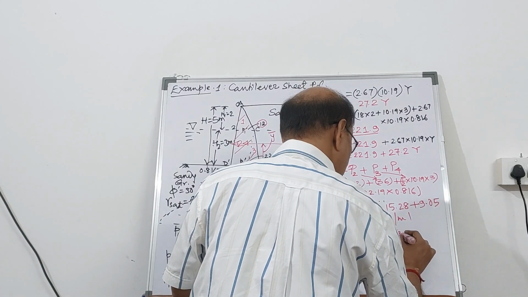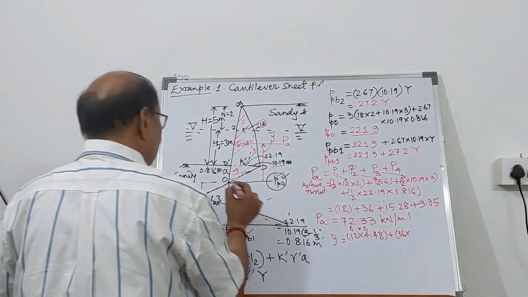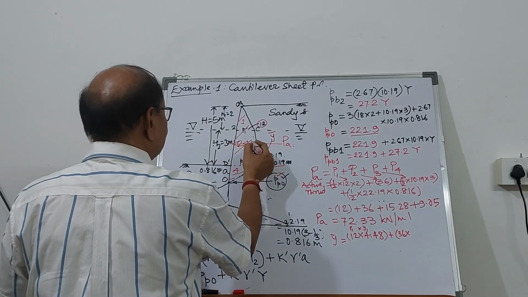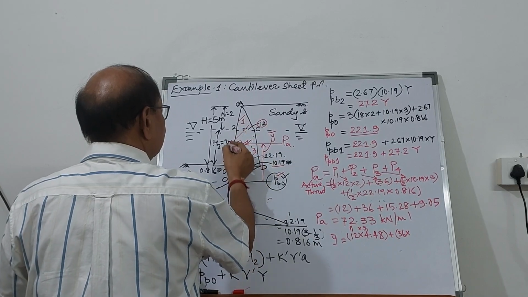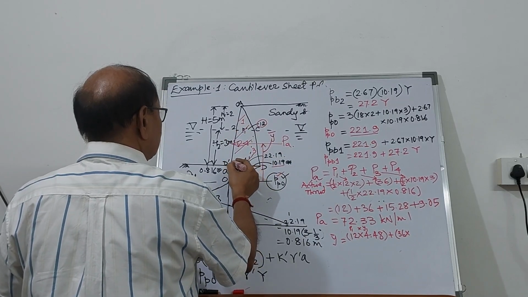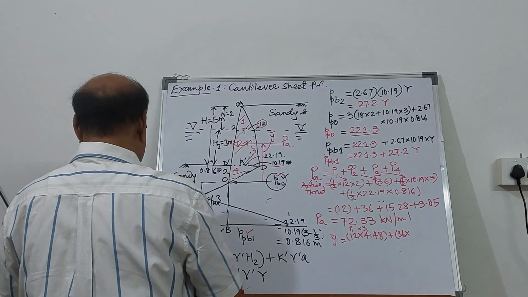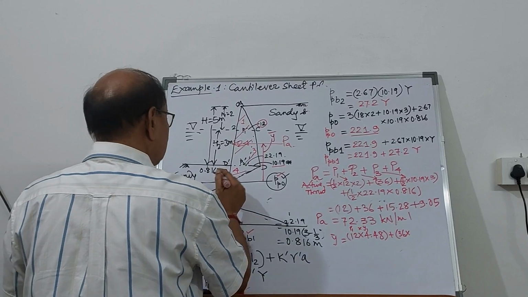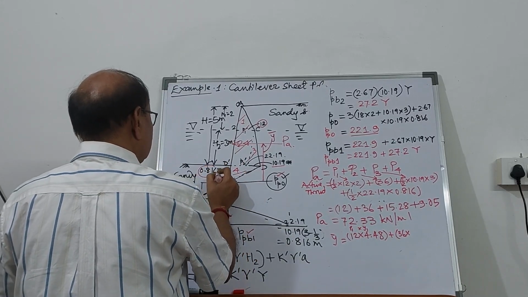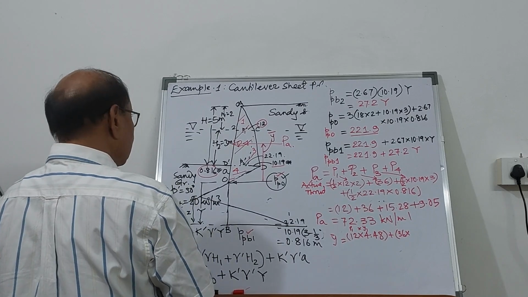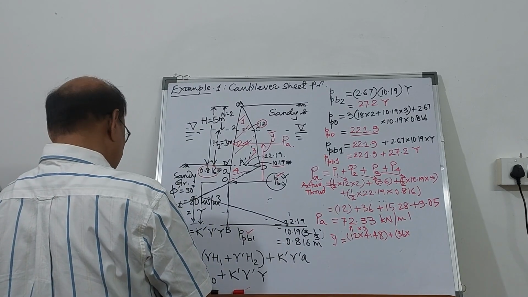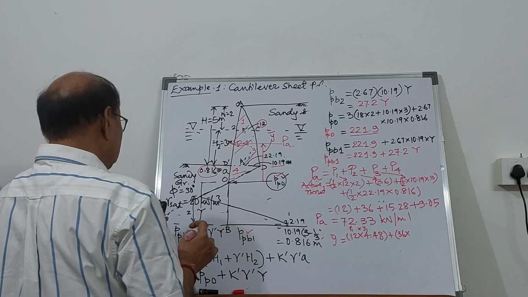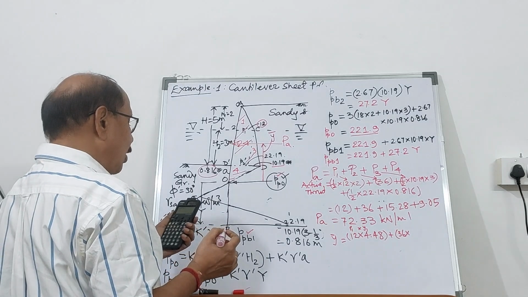So 36. Now Y2 with respect to O is going to be the second figure, this one. So it is going to be 1.5 plus 0.816. This gives you 2.31.